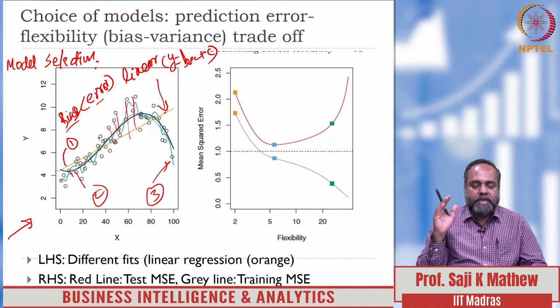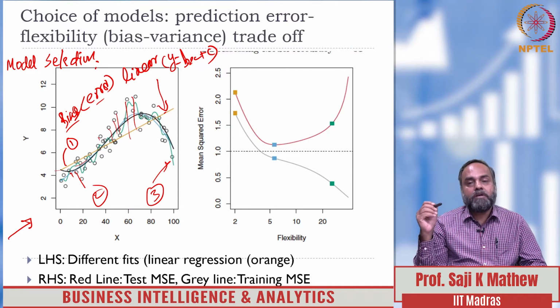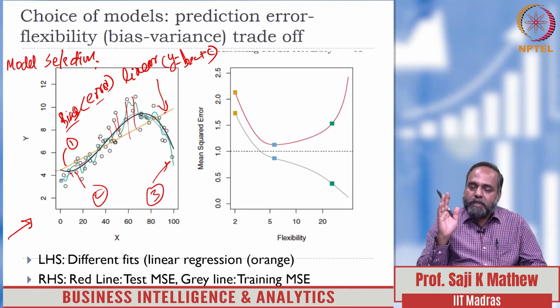When we estimated a model, among the 3 models the most nonlinear model is the best in terms of lowest bias, and the linear model is worst in terms of bias. It has very high bias, or error, but that is just one aspect.